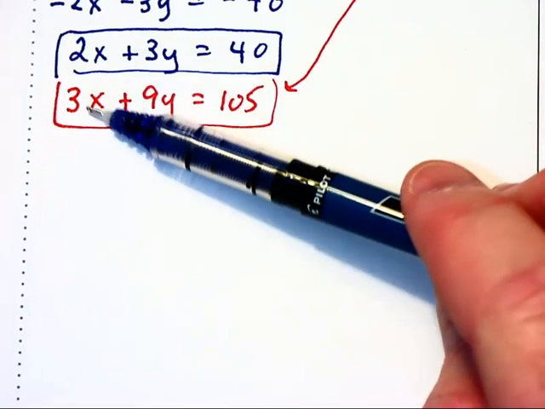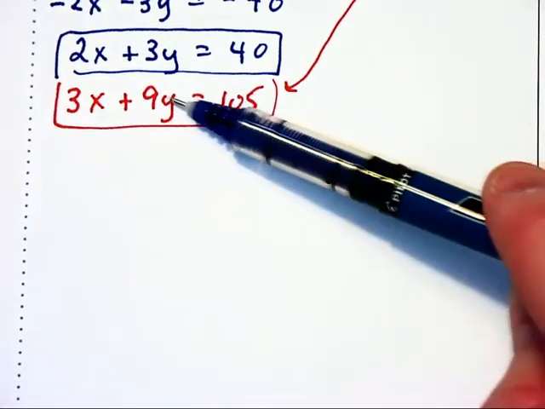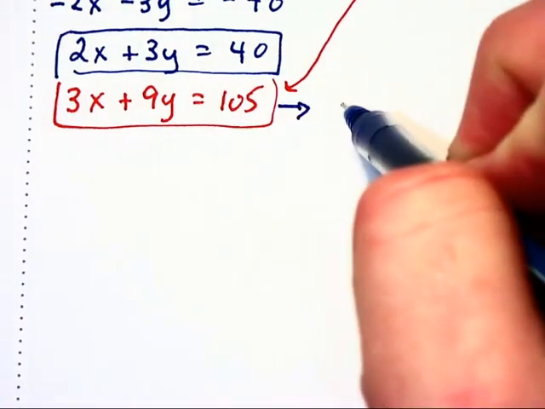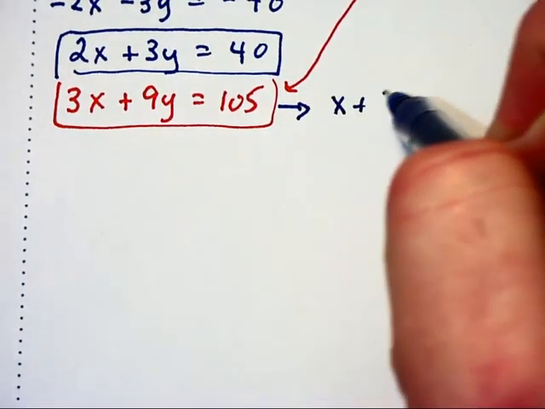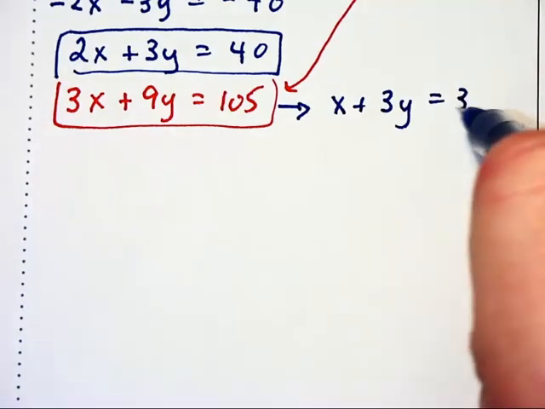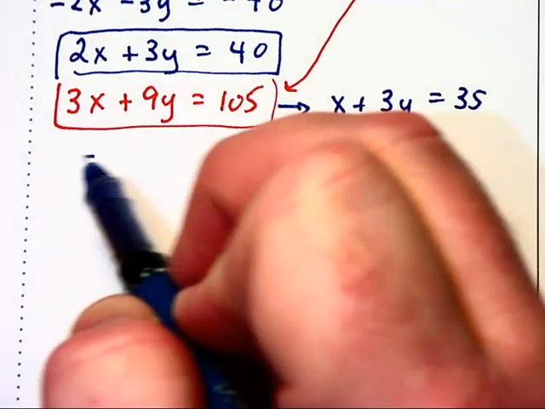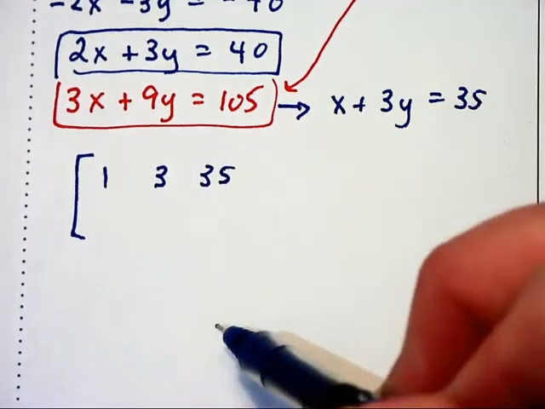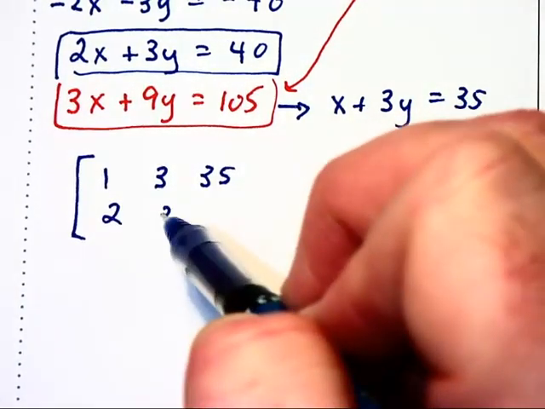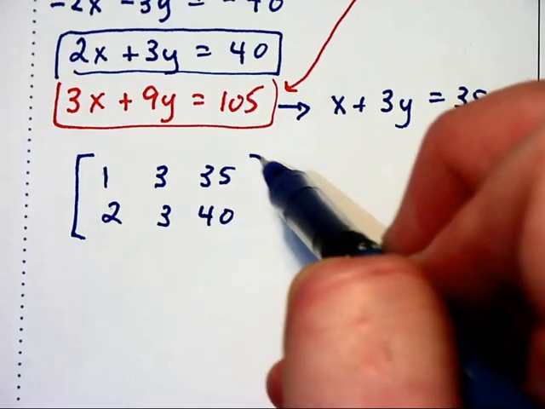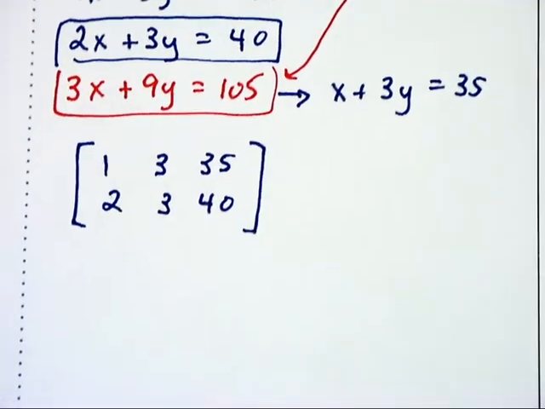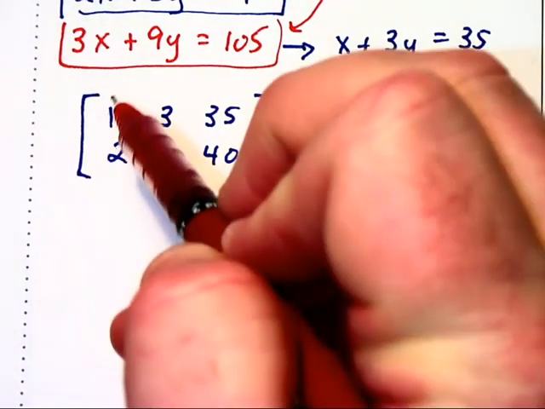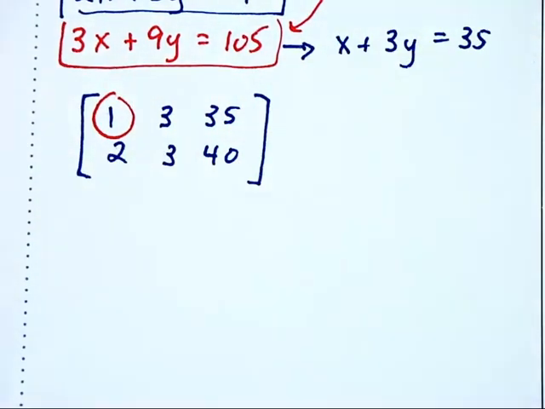This would be a 2, that would be a 3, but we already mentioned that if we were to divide this through by 3, we would have x plus 3y equals 35. So let's write that, the 1, 3, 35 as our first equation, and the 2, 3, 40 as our second equation. Because the goal here is to get this 1 in the top left corner.